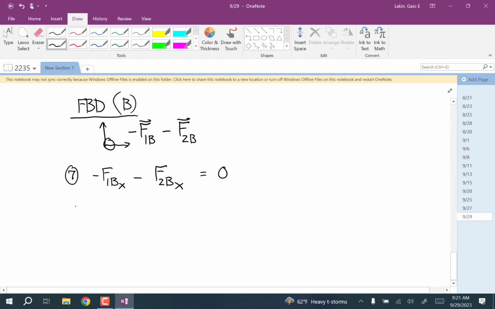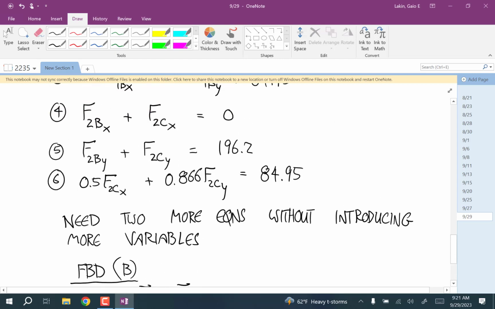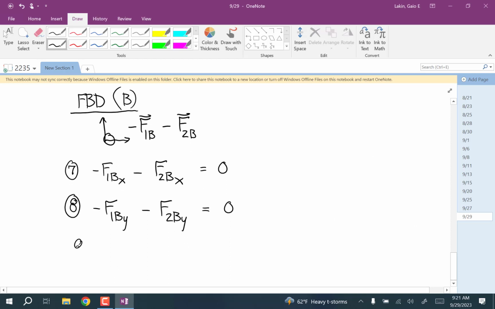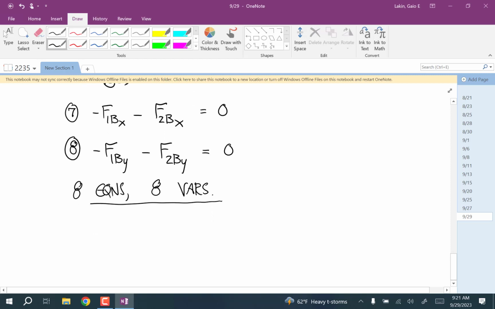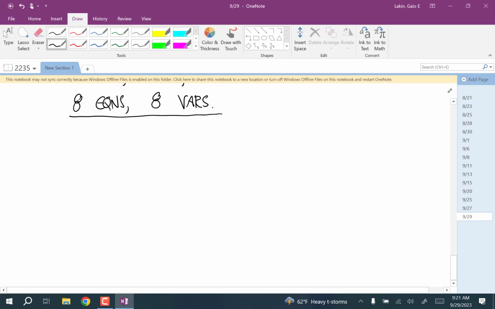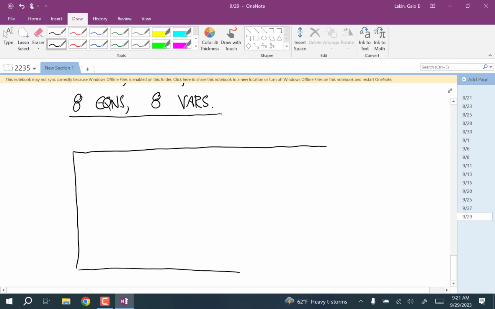And then 8 says negative F1BY minus F2BY is equal to 0. And now we have this system, 8 equations for 8 variables. Well, let's solve this. We need 8 rows and 9 columns.